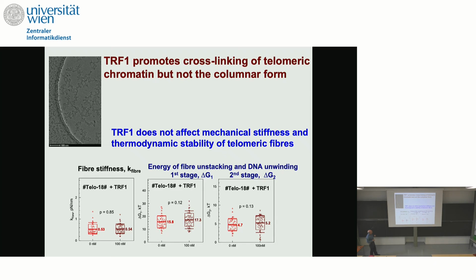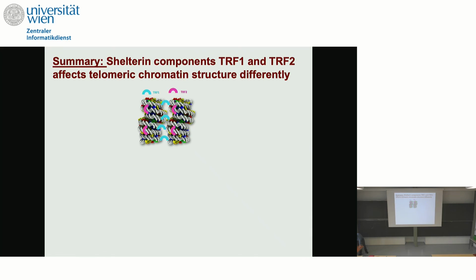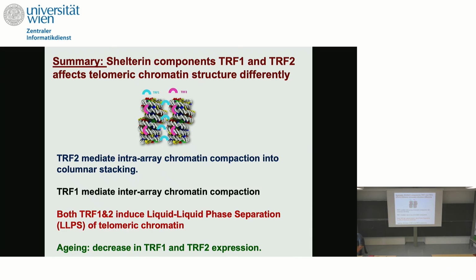And in the pulling data, there is basically no or very little effect of the protein on the mechanical and thermodynamic properties that characterize the fiber during stretching. So, yes, everything in vitro.